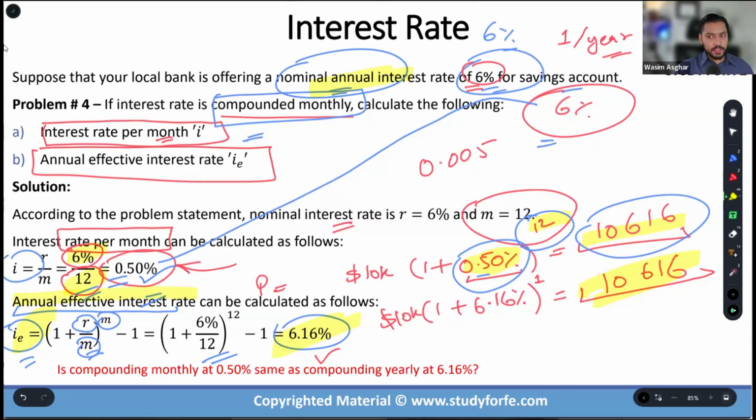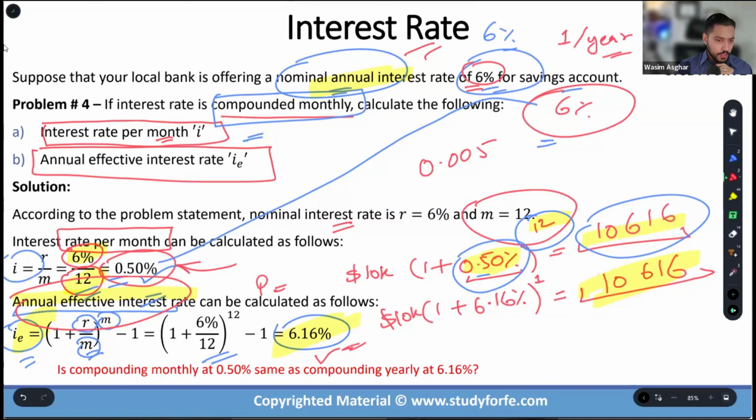So this guy is different from the nominal annual interest rate in that it does take into consideration the monthly compounding that happens. Okay. It is similar in the sense that we can apply it once a year and get the effect of monthly compounding.